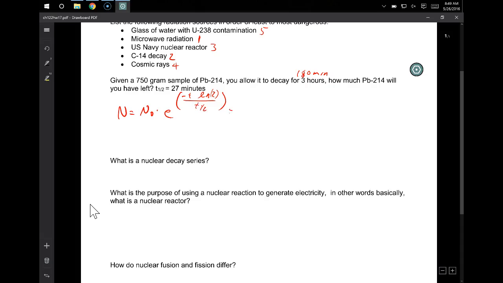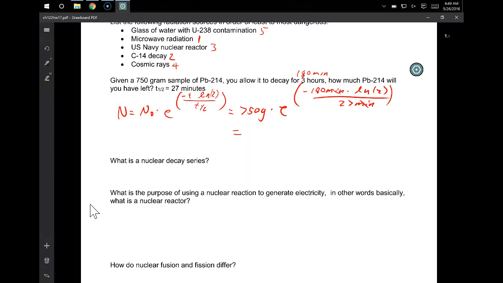So I've got 750 grams times e to the minus 180 minutes times the natural log of 2 divided by 27 minutes. So the units cancel out.